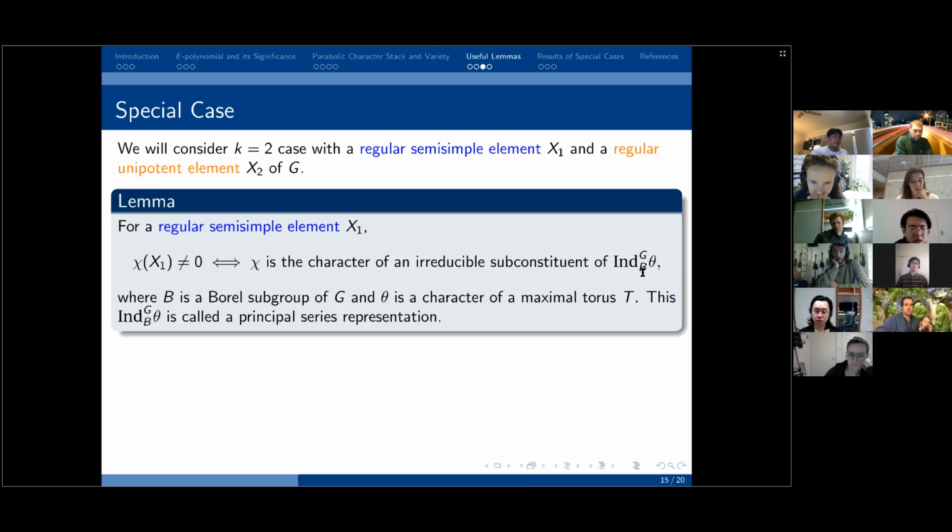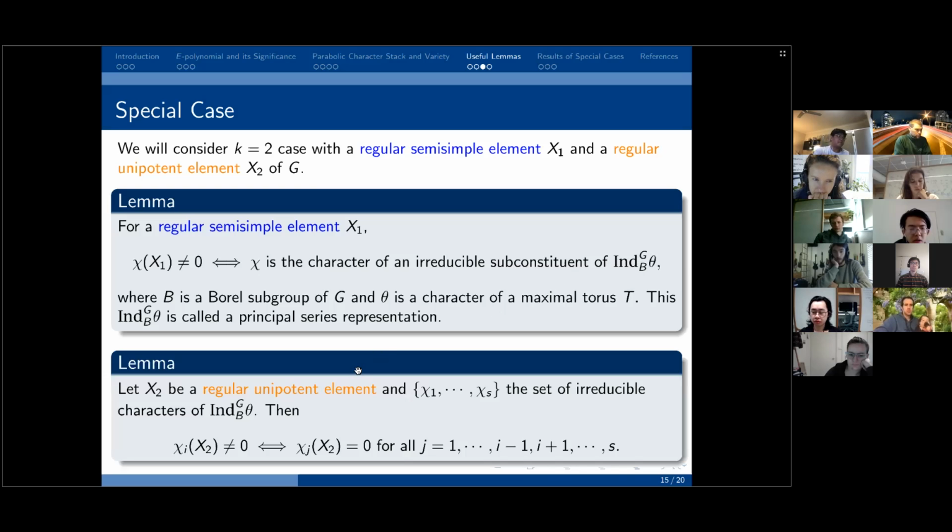Here B is a Borel and T theta is a character of the maximal torus T. And the next lemma is that for a regular unipotent element x2, let's denote chi 1 to chi n as the set of irreducible characters of each principal series representation. Then if chi i of x2 is not 0, then for other chi j's, chi j of x2 is 0, except j equal to i.